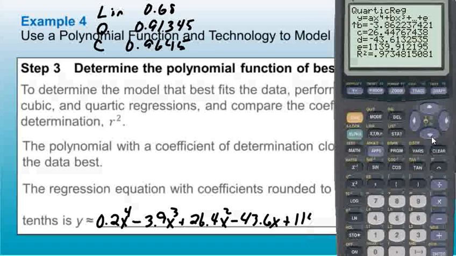Actually, 39.9. And that would be our regression line for that.